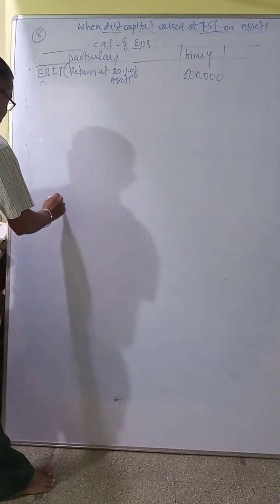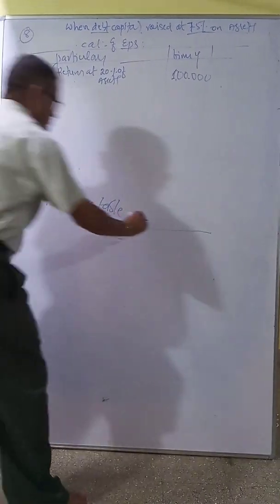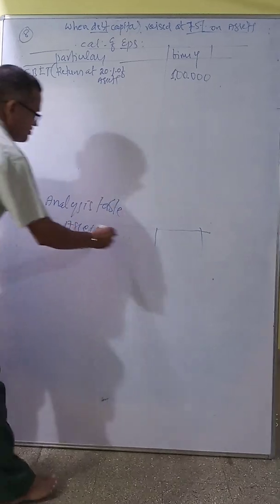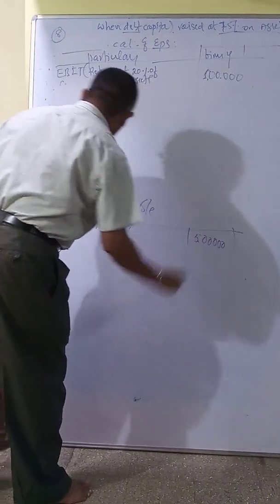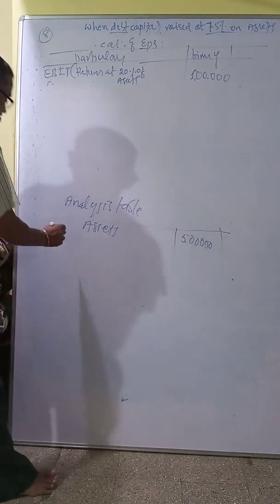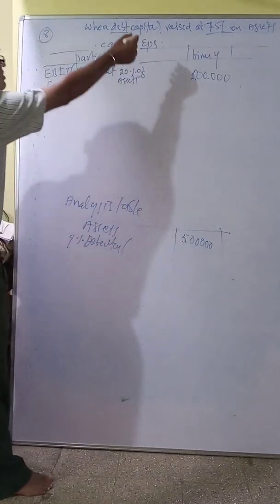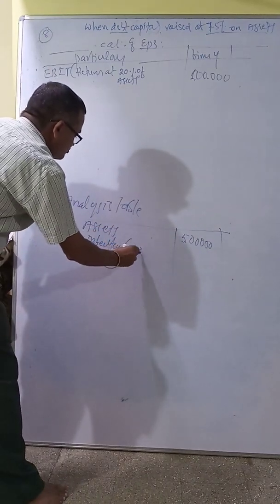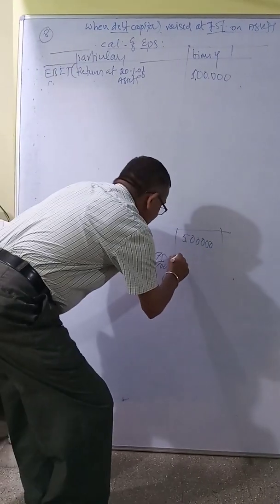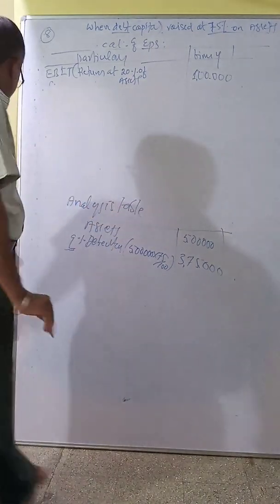See here, analysis table, only for firm Y. Assets for Y are 5 lakh. 9% debentures, 75% debentures. 5 lakh into 75 divided by 100, so 3,75,000 is debt finance now at 75%. Later calculate 9% interest on 3,75,000 into 9 divided by 100.